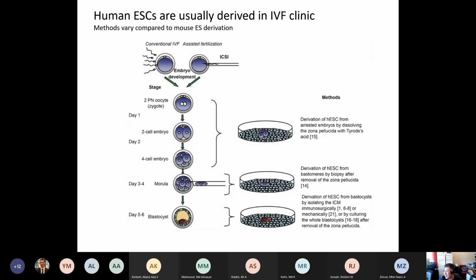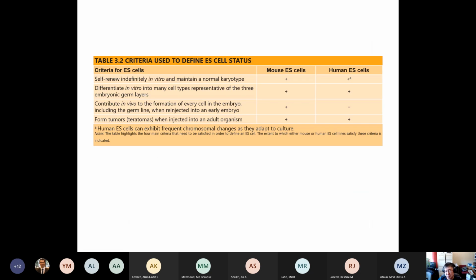That's the outer layer of the embryo. The difference here is you can take the cells from several early stages. You don't have to wait until the blastocyst stage. So you can derive human embryonic stem cells this way. It's more flexible. But of course, this is restricted to your access to a facility and a lot of ethical regulations.